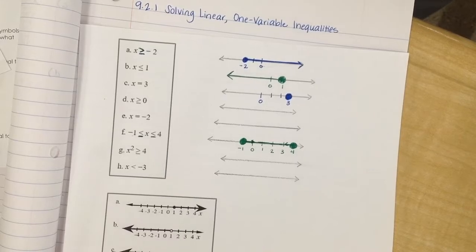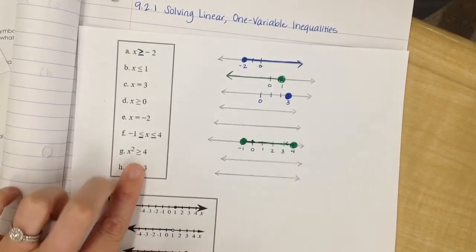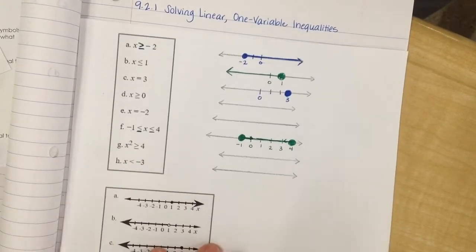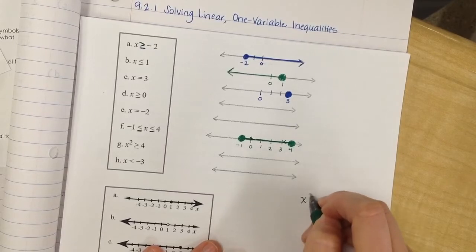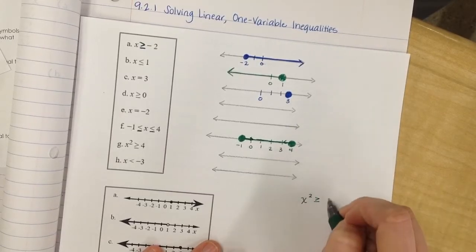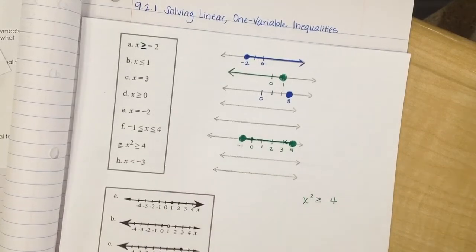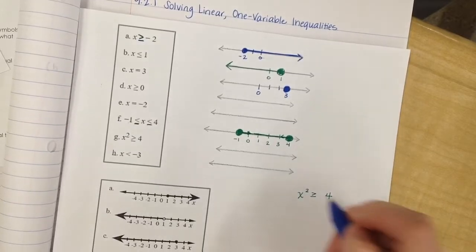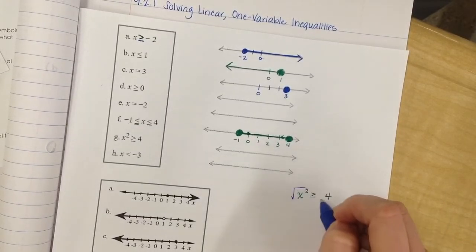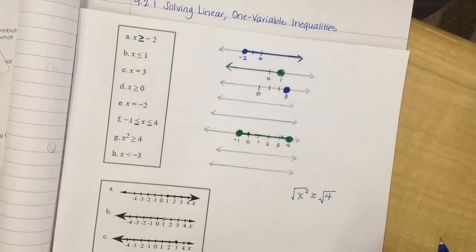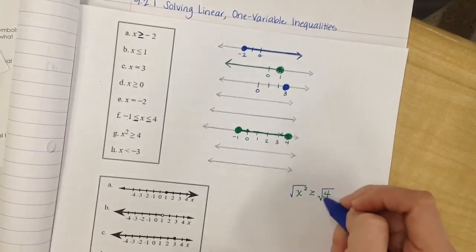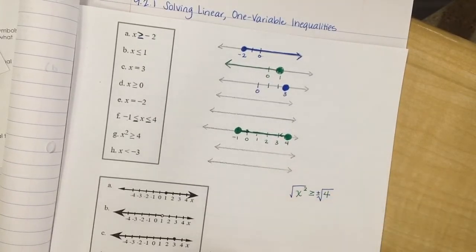The only other issue that you might have encountered would have been with part G. We've actually done an equation that's similar to G before, but we just haven't done it with an inequality attached. What we would need to do to get the x by itself would be to square root both sides. But whenever we square root both sides of an equation or an inequality, we have to do a plus or minus.